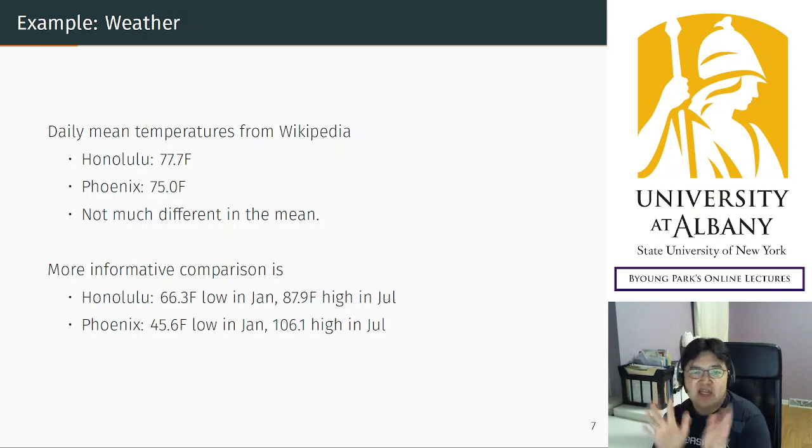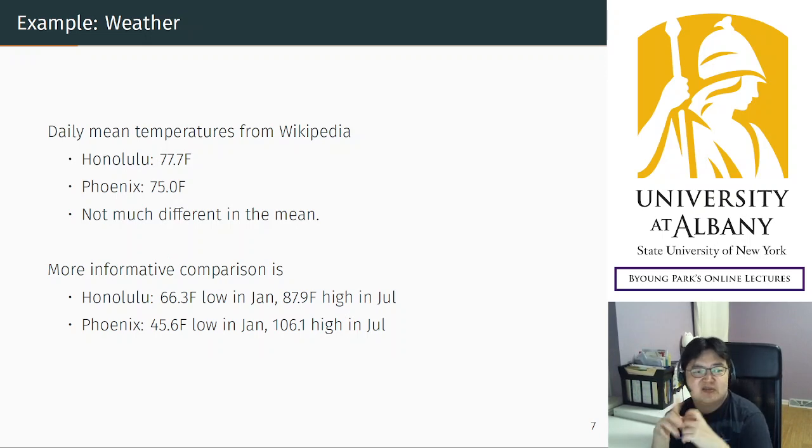But it does not imply these two cities have similar weather. You know, Honolulu has the absolutely best weather in the world, but Phoenix is not even, I think, I don't know. I've never been there. No one says the weather in Honolulu and Phoenix is similar. That doesn't make any sense.